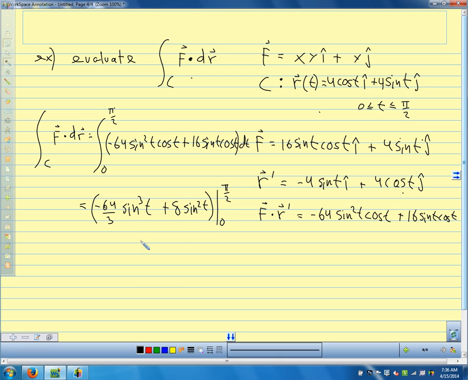And when we evaluate that, we get minus 40 thirds. So that would be the value of that line integral. And if this were a force acting on a particle moving along this quarter circle, the force would do negative 40 thirds units of work moving the particle along that quarter circle.